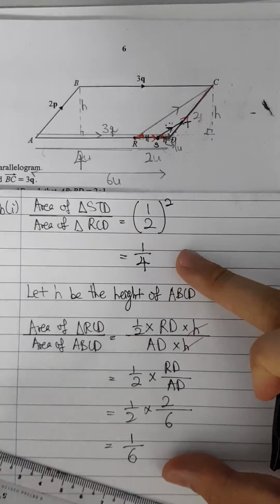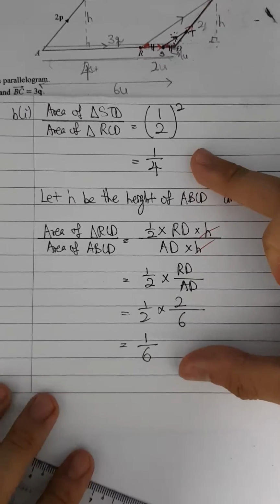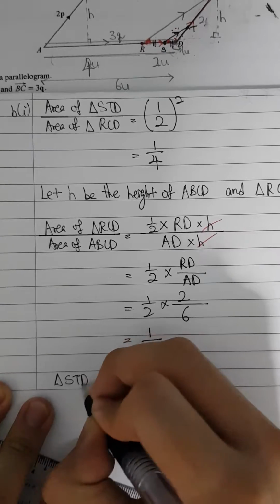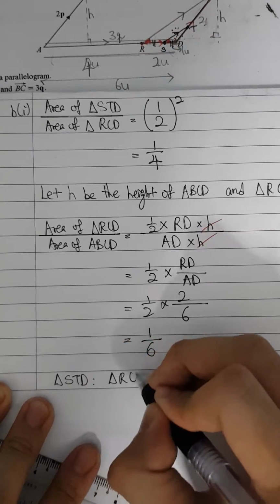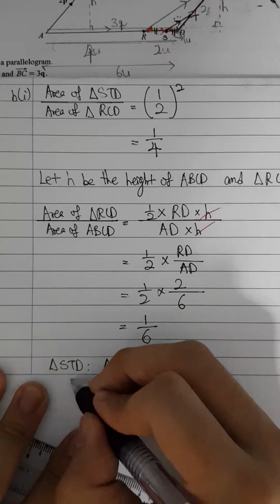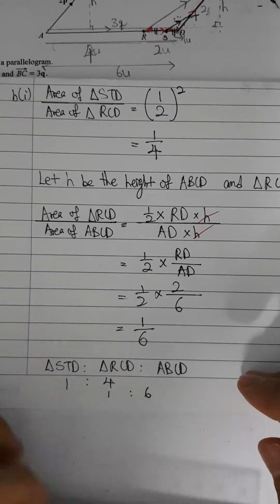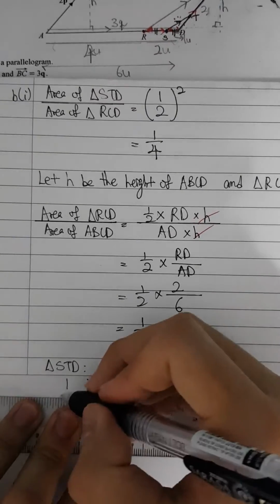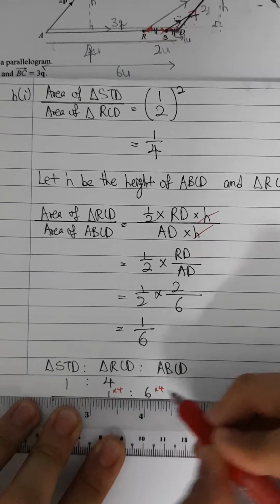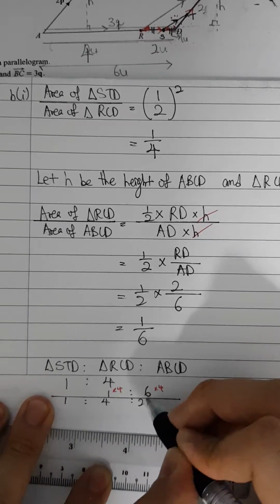Using these two, I can then try to combine my answers. So I have triangle STD is to triangle RCD is to parallelogram ABCD. 1:4, 1:6. Multiply by 4, I will obtain 1:4:24.